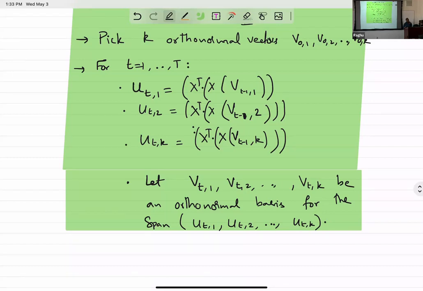So kind of, but the way you would implement it makes a difference. The way you write it is you'll say I'm multiplying X transpose with X, and then I have V1 up to Vk, right?